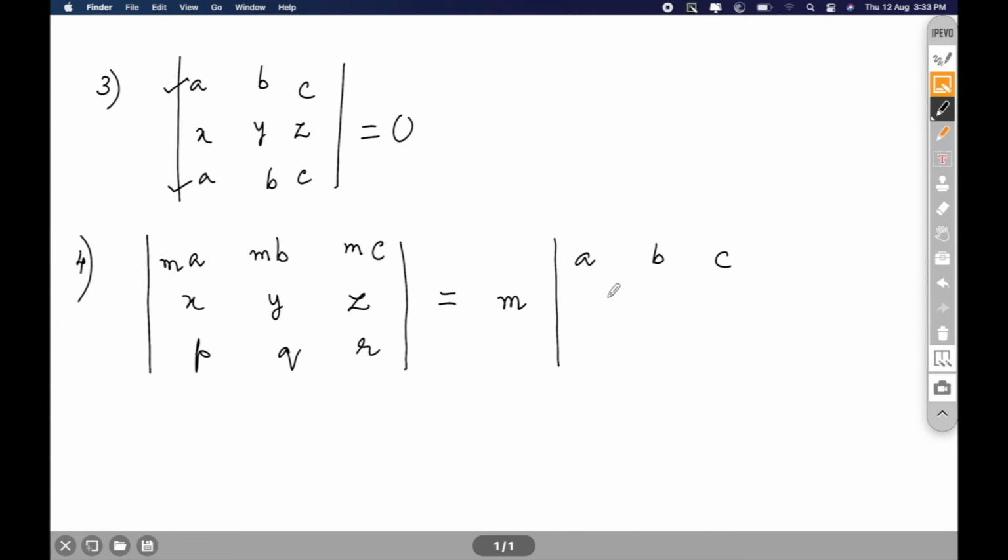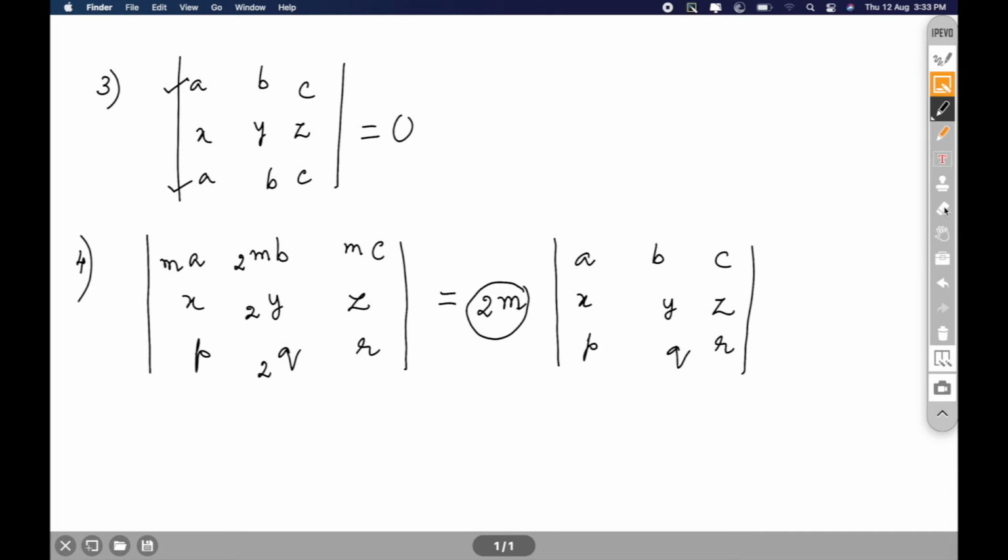So A, B, C, X, Y, Z, P, Q, R. So we can think in another way, as if the factor m has come out common from the first row. If a determinant had another factor common, suppose here I had 2, 2, 2, right? So from column 2 the factor 2 can come out, and finally the constant that is multiplied with the determinant will be 2m. I hope the fourth property is clear.